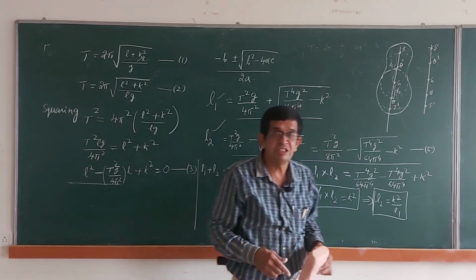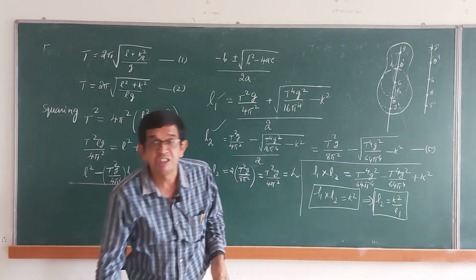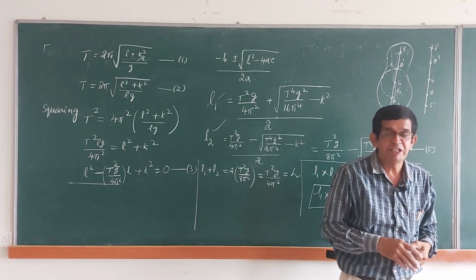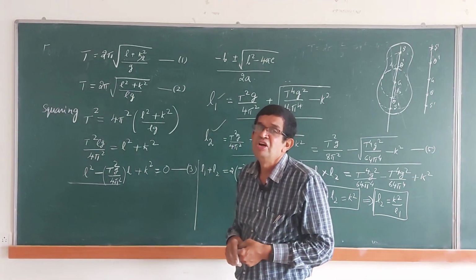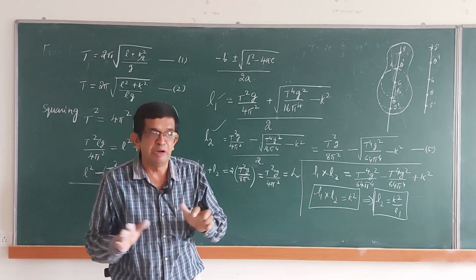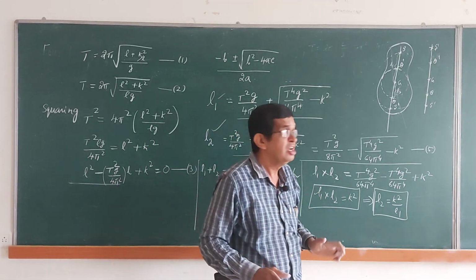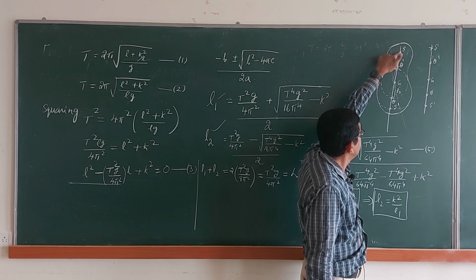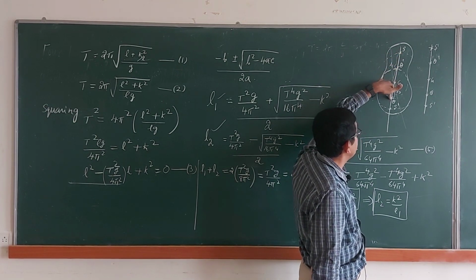This is evident from the principle of interchangeability, which we already discussed in the last class. What does the principle of interchangeability say? You can interchange the center of suspension and the center of oscillation, and the period of the pendulum does not change; the period remains the same. That means if I take this as the center of suspension, this becomes the center of oscillation. If I interchange them, this is the center of suspension and this is the center of oscillation.